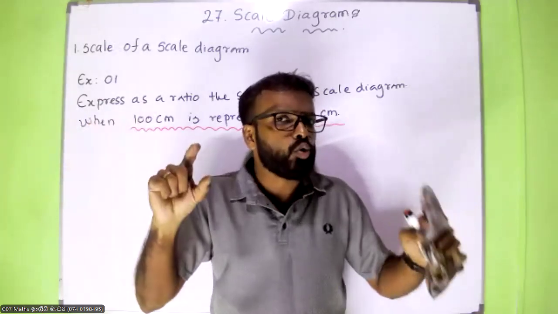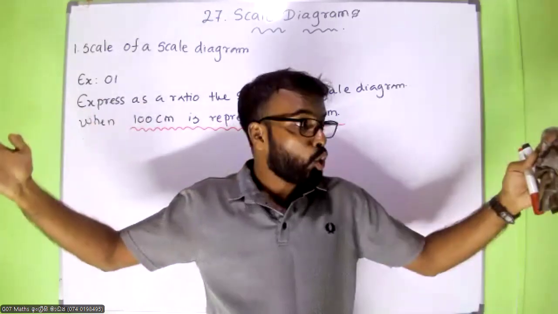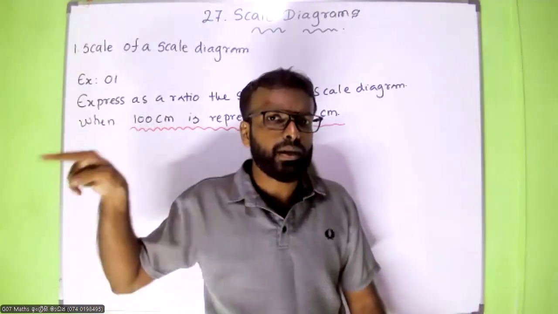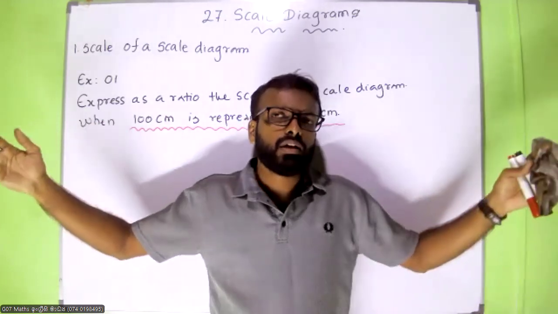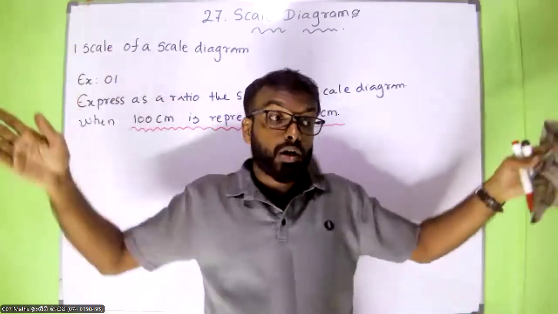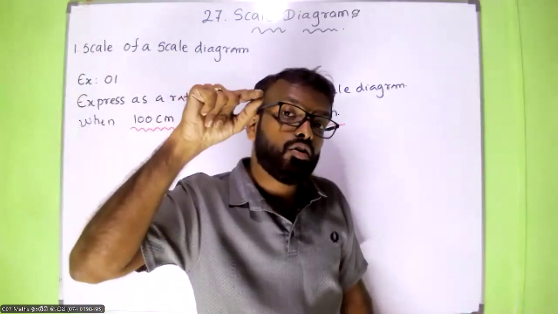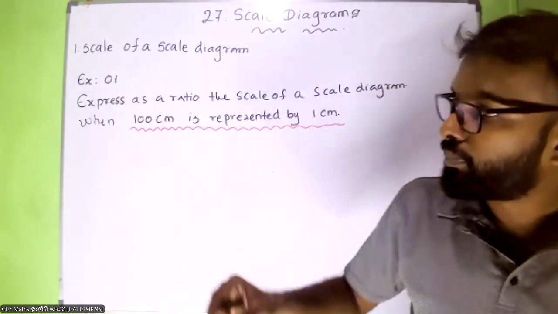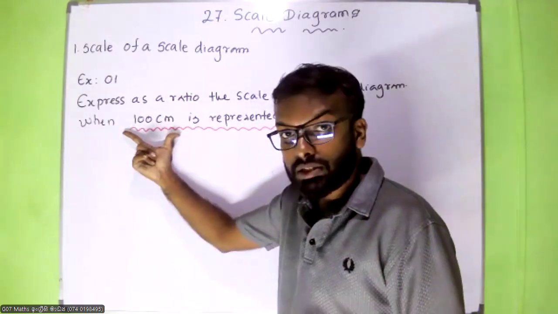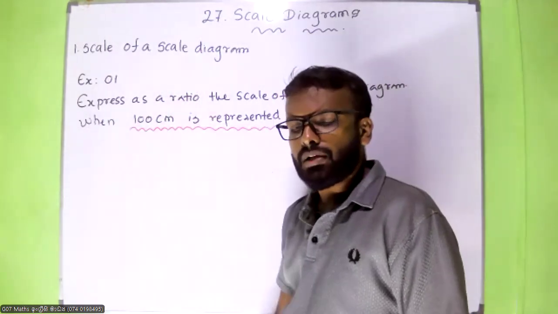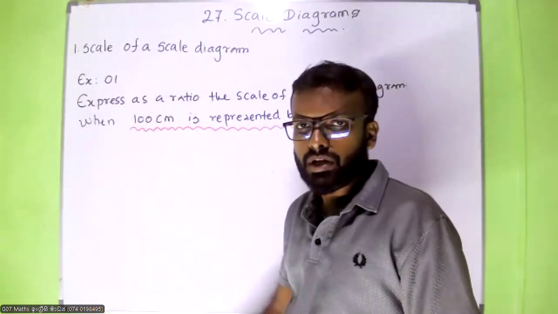We are going to represent that total of 100 centimeters, which is equal to 1 meter. I am going to represent that 1 meter by using 1 centimeter. That is the thing.